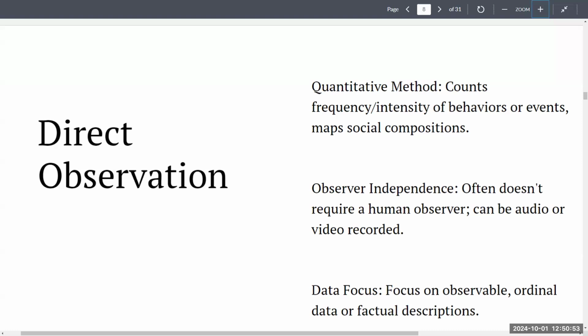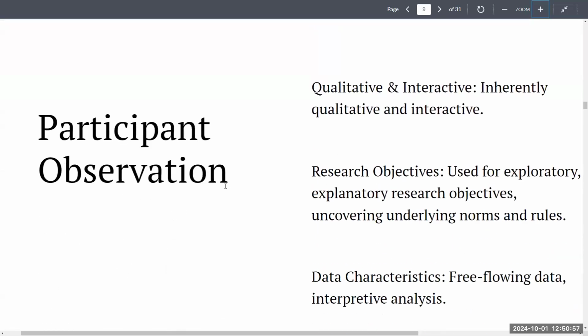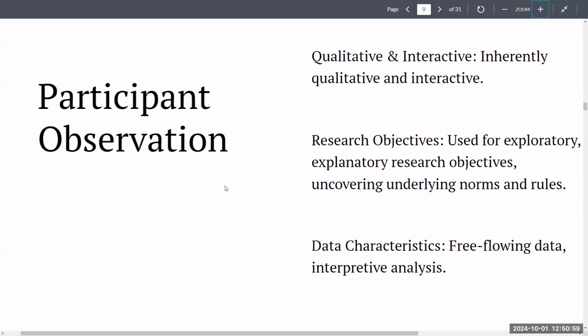That's within direct observation. Now, when we talk about participant observation, again, this is a qualitative research method. It's more interactive, and we are, again, looking to explore or explain the research objective.